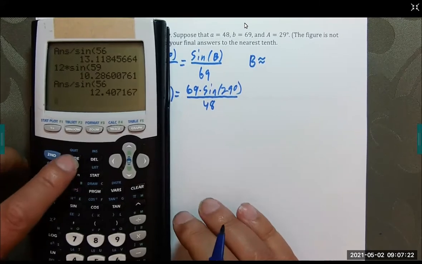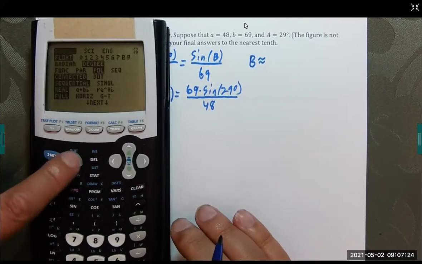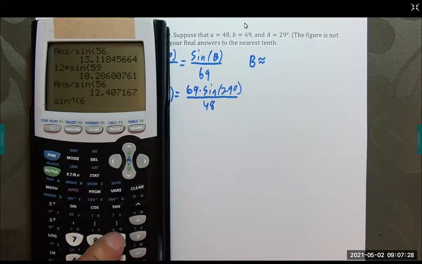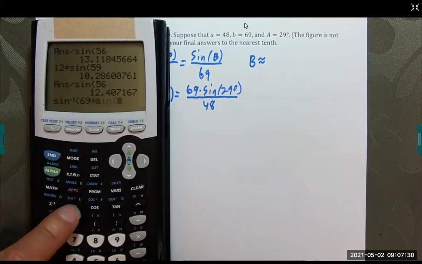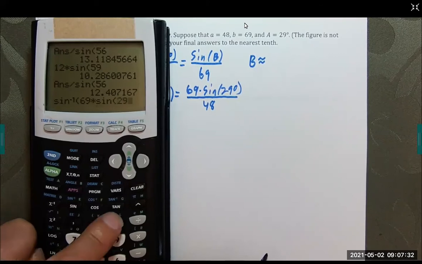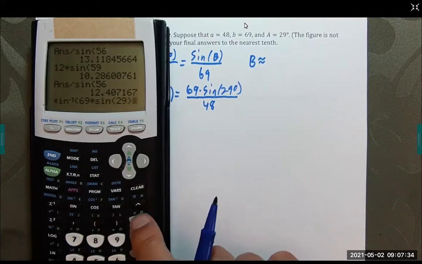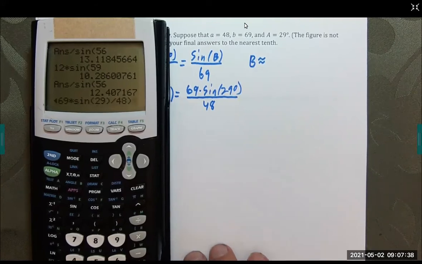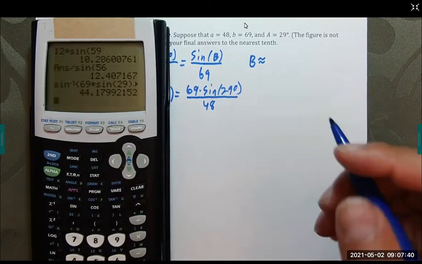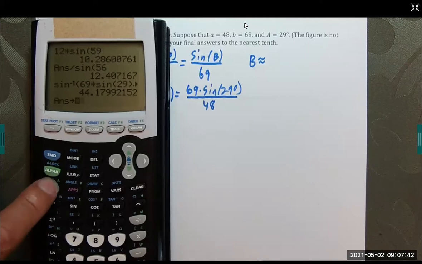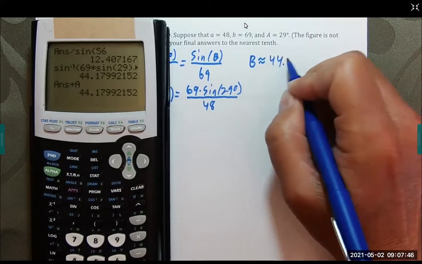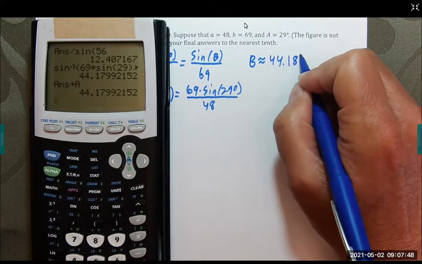So in degree mode, inverse sine of 69 times the sine of 29, make sure you close your parenthesis, divided by 48. And here we get this, and we'll store that into memory A. So 44.18, we'll say degrees.